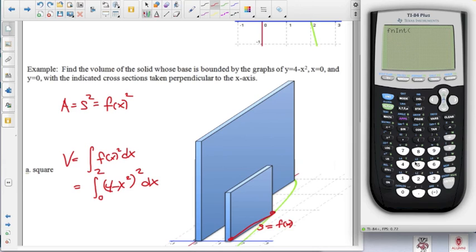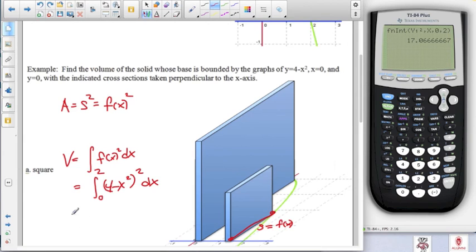So math 9 to get fnInt, and I've stuck the function into y1, so if you remember, I'm going to select vars, scroll over to y vars, grab my function y1, and then I'm going to go ahead and square that function. And we're integrating with respect to x, and we're integrating on the interval from 0 to 2. And so the volume for that is going to be 17.06 repeating units cubed for cross sections that are squares.